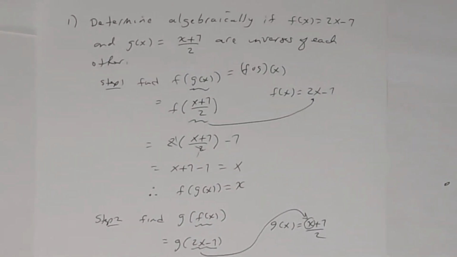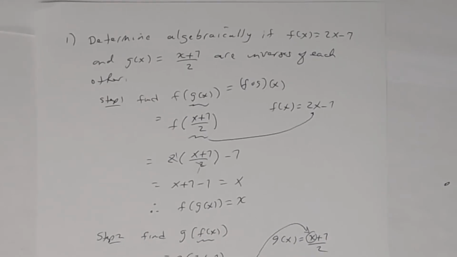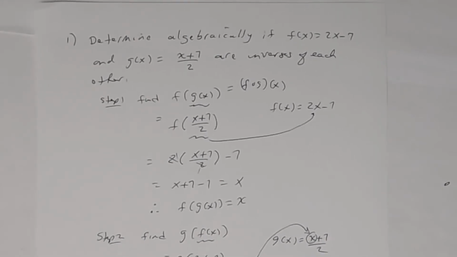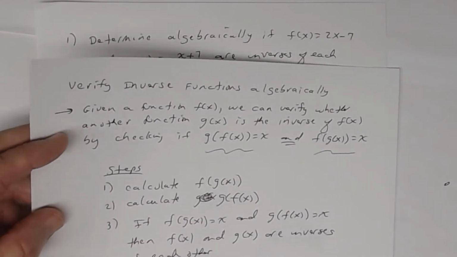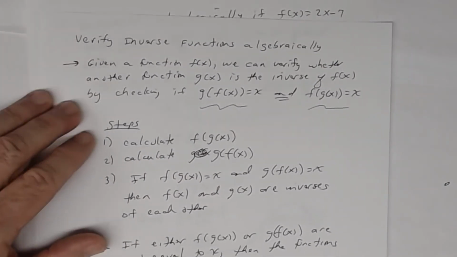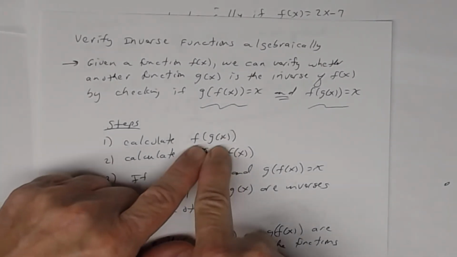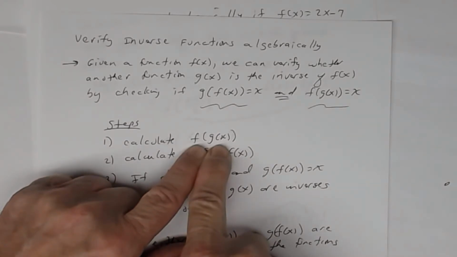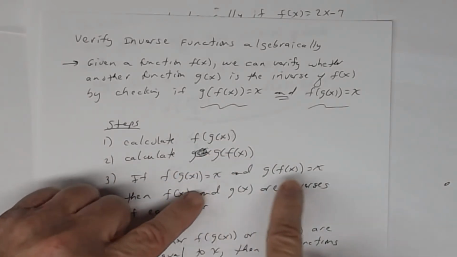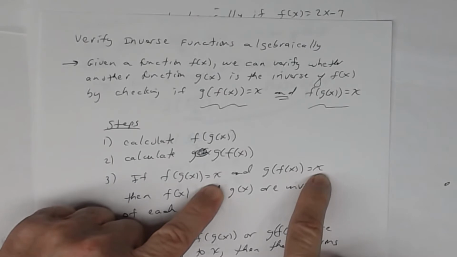It's not a difficult process or idea. You just have to remember that if you want to determine algebraically whether two functions are inverse of each other, you are going to have to find f of g of x and g of f of x and make sure that they're both equal to x.